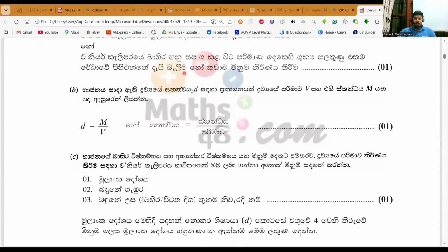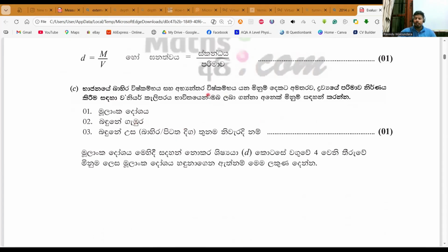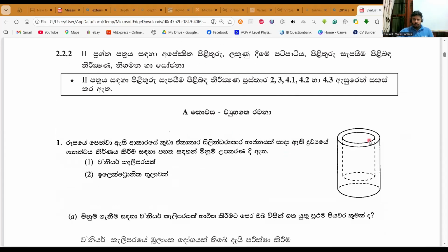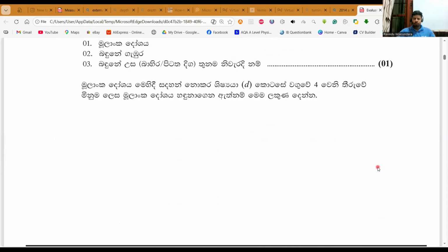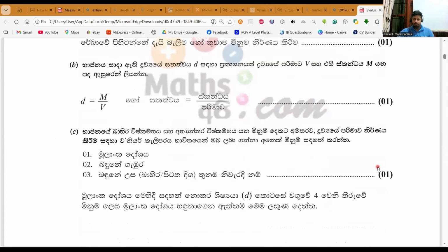Then you have to write down an expression for the density. And then they have asked what readings you are taking from a vernier caliper. There you have to write down, first, the zero error, that you first measure the zero error. Then you have to measure the height and diameter of the given cylinder.